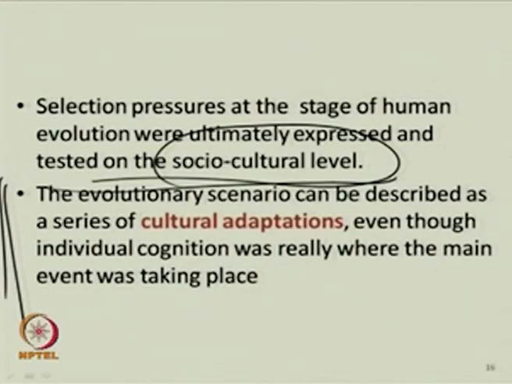Then he says, and this is important, okay? The evolutionary scenario can be described as a series of cultural adaptations. Now this is really a new way of describing things, a new way of formulating things. For instance, whenever we talk about evolution, whenever we talk about Darwinian theory, we think that these are to do with only evolution or changes at the physical level, okay?